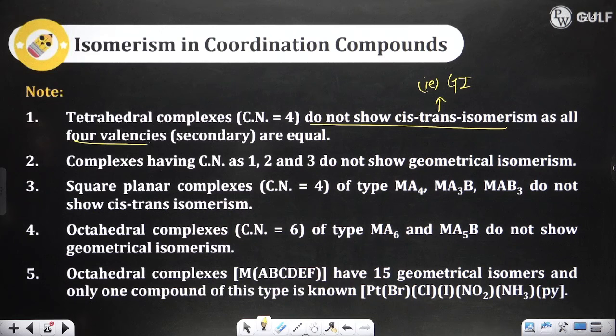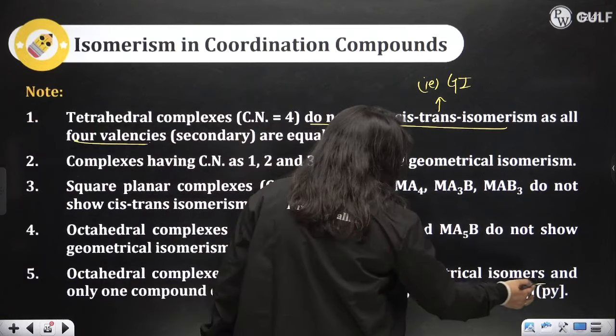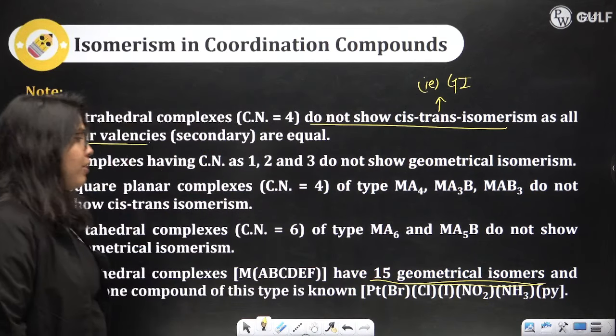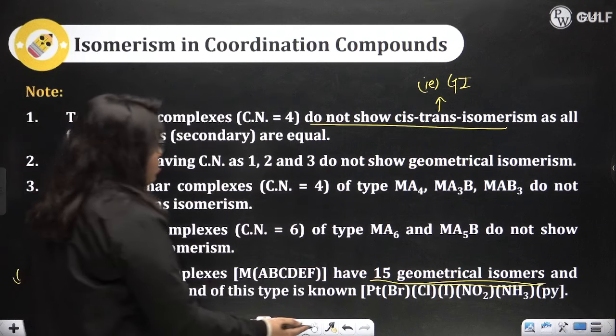Complexes MA4, MA3B, MAB3 do not show cis-trans isomerism. The ones having coordination number 6, MA6 and MA5B, do not show geometrical isomerism. And in octahedral, ABCDEF shows 15 geometrical isomers, and only one such species is known, which is over here.